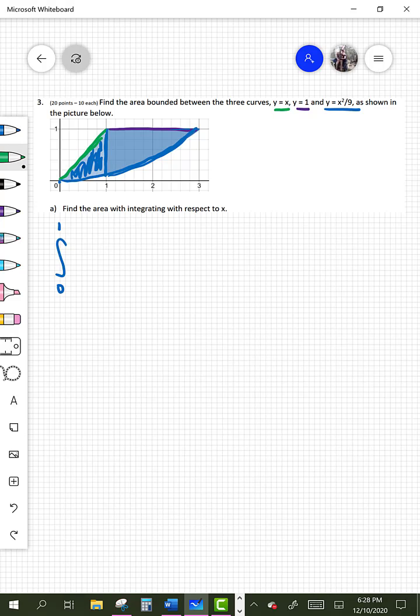Our top curve in here is y equals x. It's with respect to x, so we're going to write it as x, minus the bottom curve. And the bottom curve in here is this x squared over 9 dx. We're then going to add the integral.